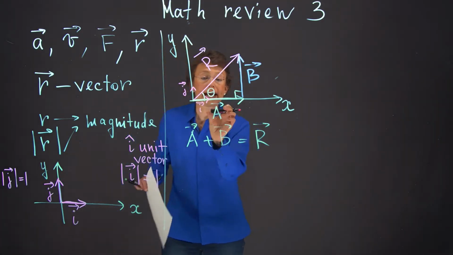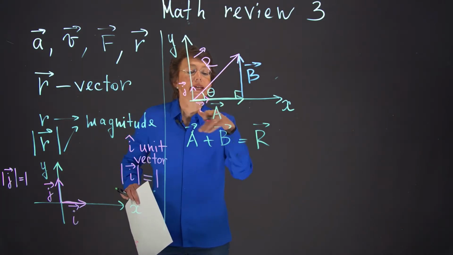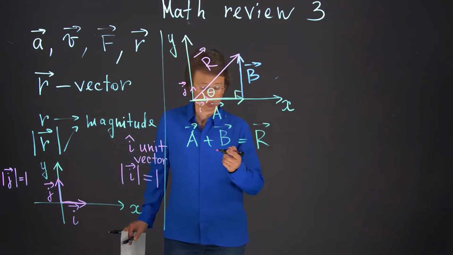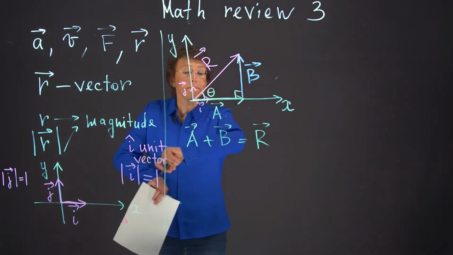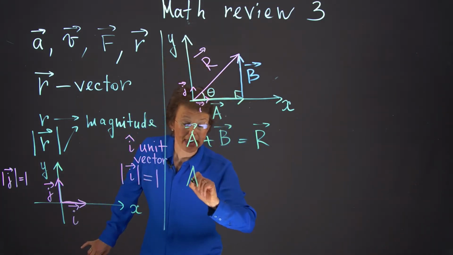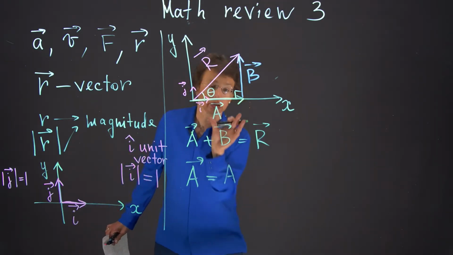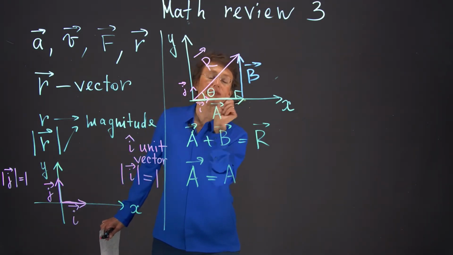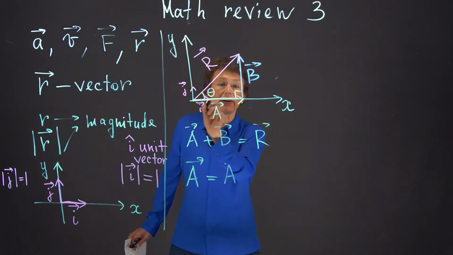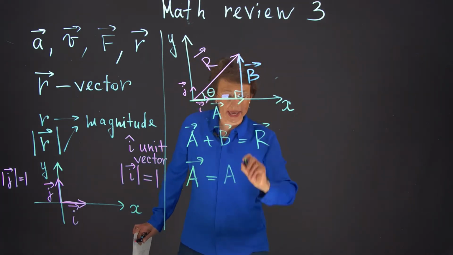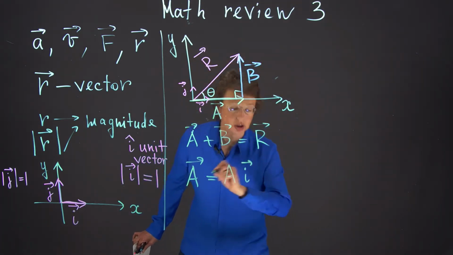Now I will write vector A in terms of unit vectors. So what is vector A? Magnitude of A is just, let's call it A, length. What is this? 5 centimeters. Great. And the direction is along x. So I put a unit vector here. We know what we are doing.